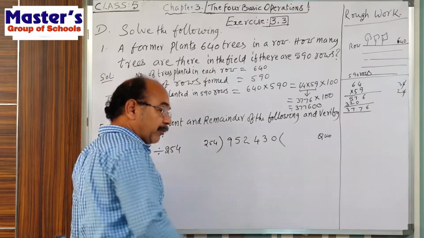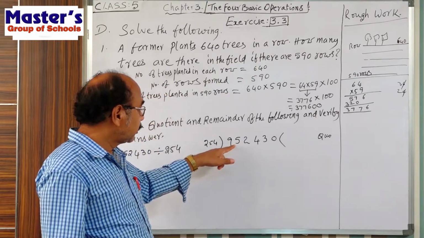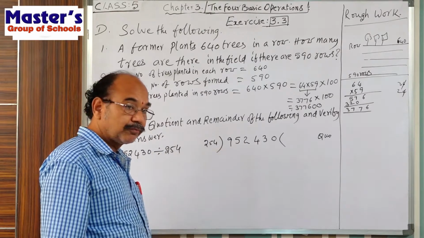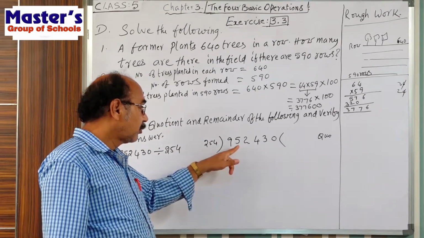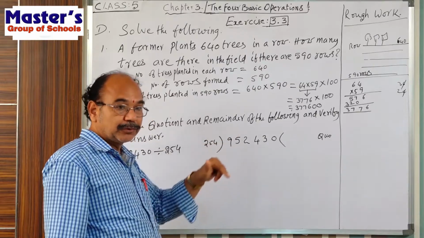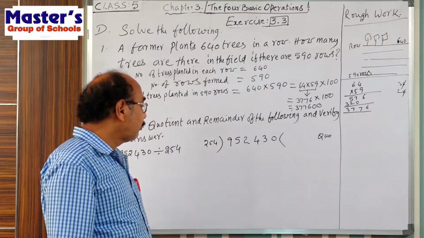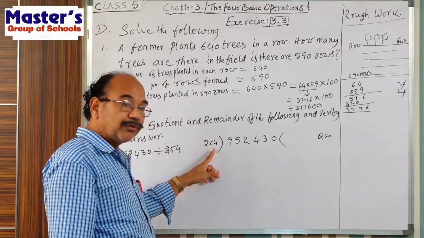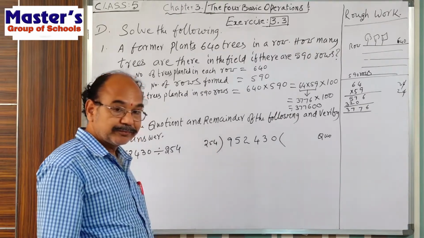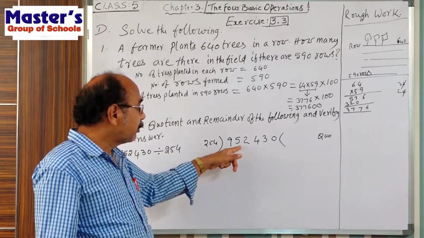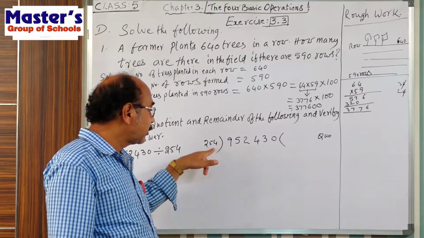So select 952. 952 is greater than 254. So we can select 952. The 3-digit number we can select because this is greater than that.